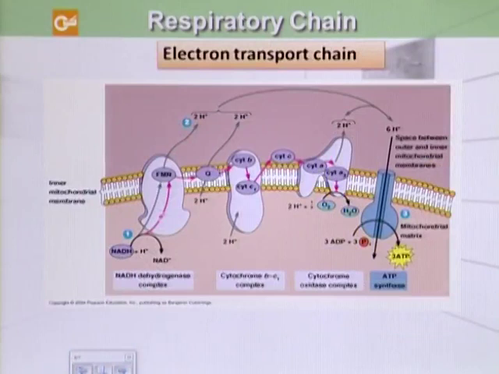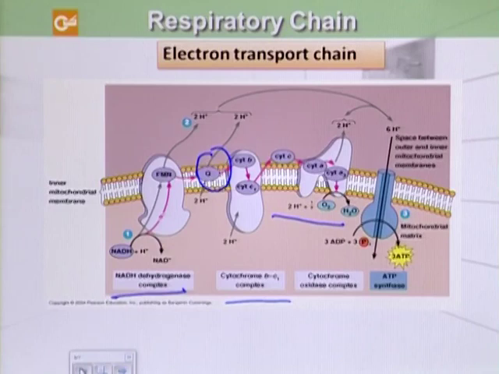You can observe that the first of the proteins to receive electrons is a complex membrane-embedded enzyme called the NADH dehydrogenase complex. A carrier called ubiquinone then passes the electron to a protein cytochrome complex called the BC1 complex. This complex, along with the other complexes in the chain, operates as a proton pump.